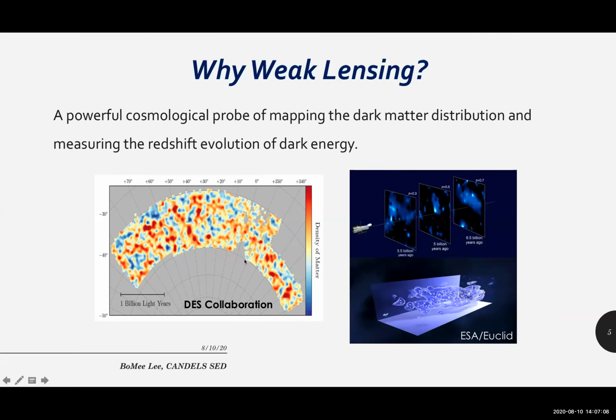So the background galaxies in these redder regions are distorted more by weak lensing than galaxies in the bluer regions. We can also construct a 3-dimensional map sliced by redshifts through the universe that will show how the distribution of matter has changed over time, which depends on dark energy.